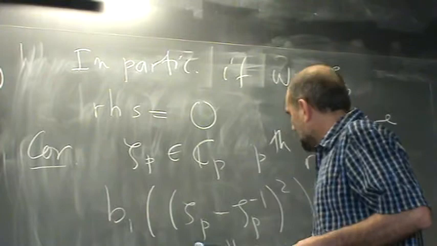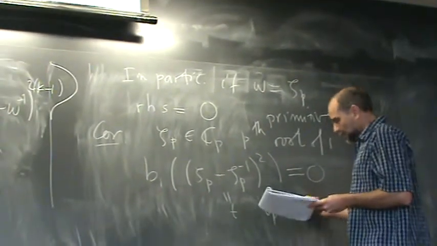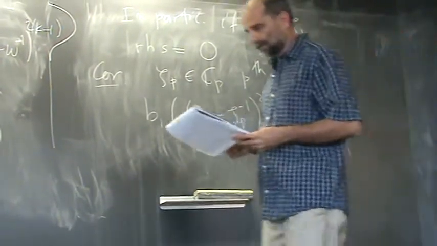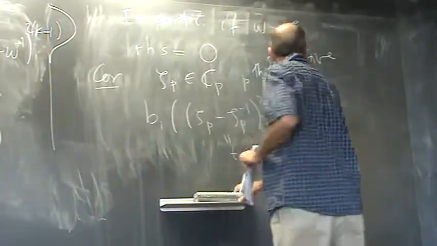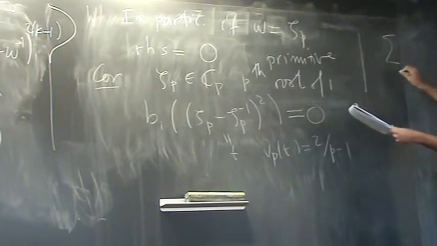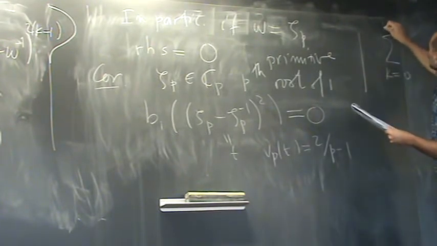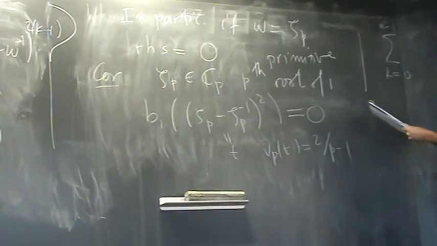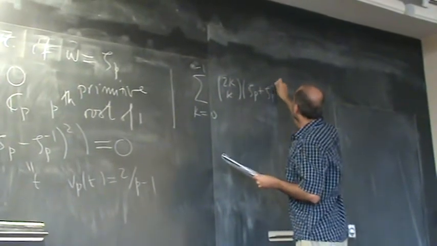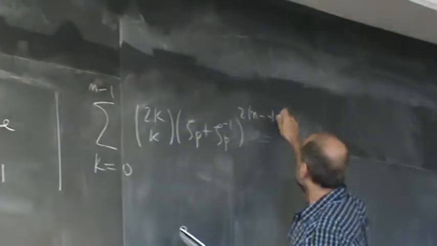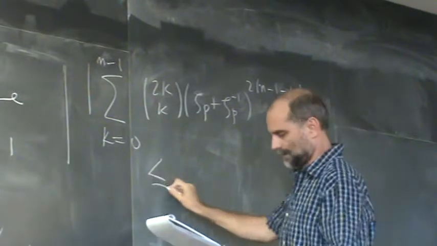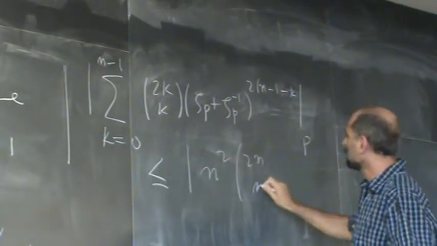So this thing is what I was calling T, and notice that the evaluation of P of T is precisely equal to 2 or P minus 1, so we are in the range where things converge, and we conclude finally the closest analogy or generalization of the original problem in the monthly is that this zeta p plus zeta p inverse to the 2n minus 1 minus k is less or equal to n squared 2nn.